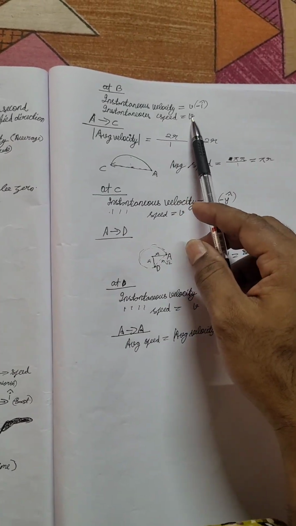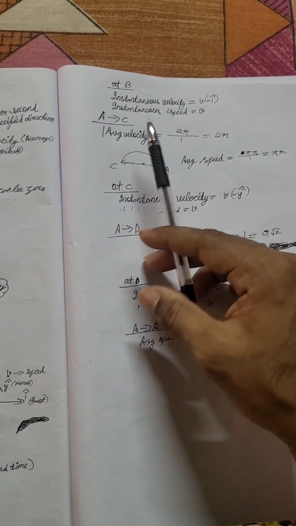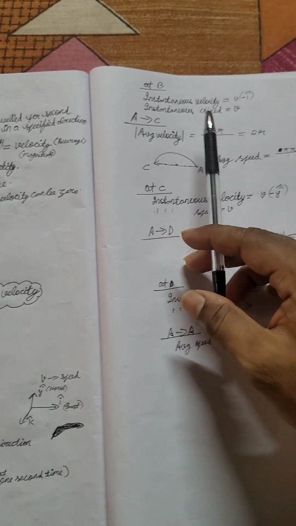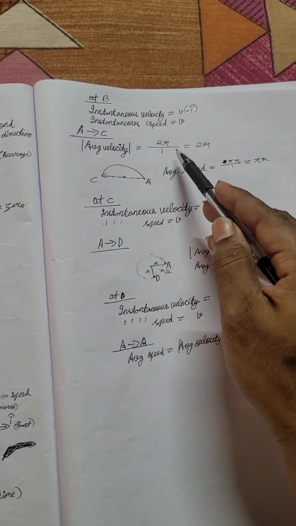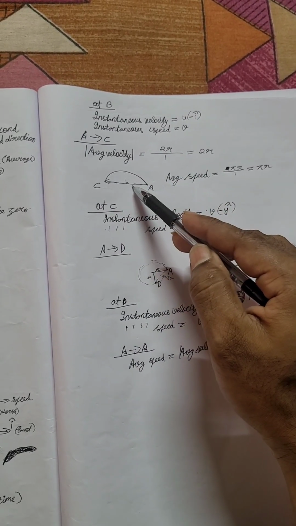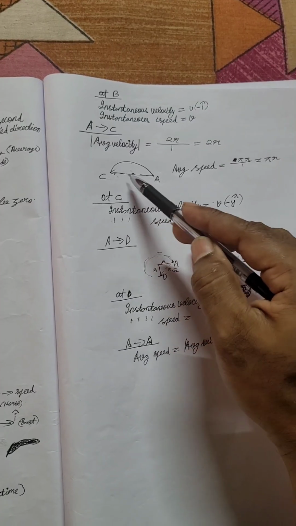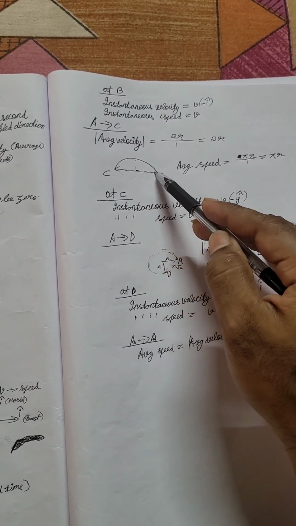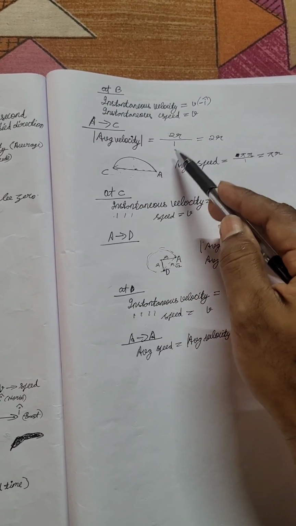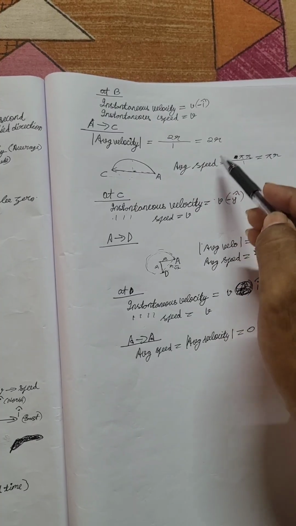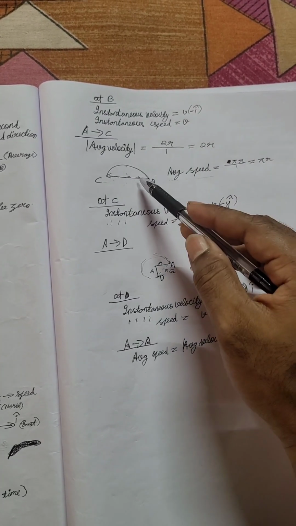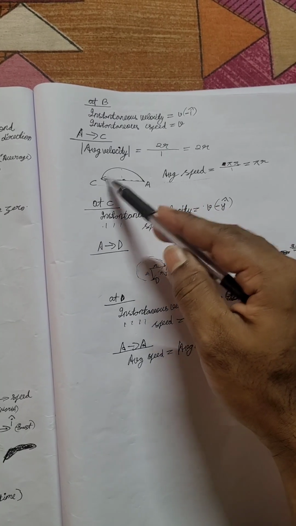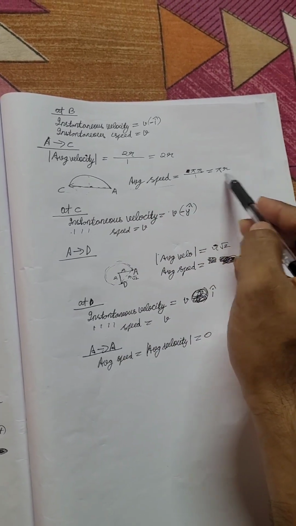The instantaneous speed is v because it is constant, I told you previously. From A to C, the average velocity is 2r, because this is r, this is r. The total displacement is 2r, so 2r by 1 second, so 2r. Average speed is pi r by 1 second, so pi r average speed.